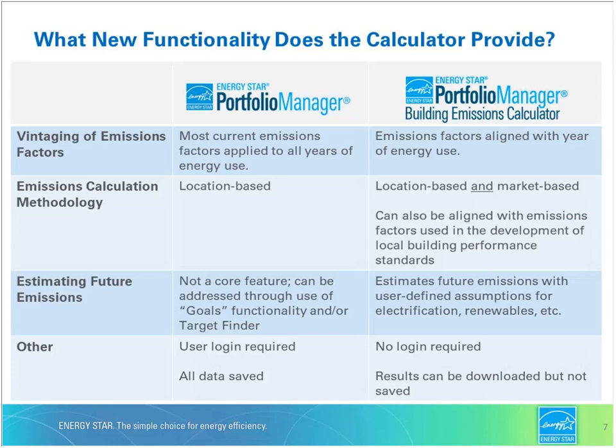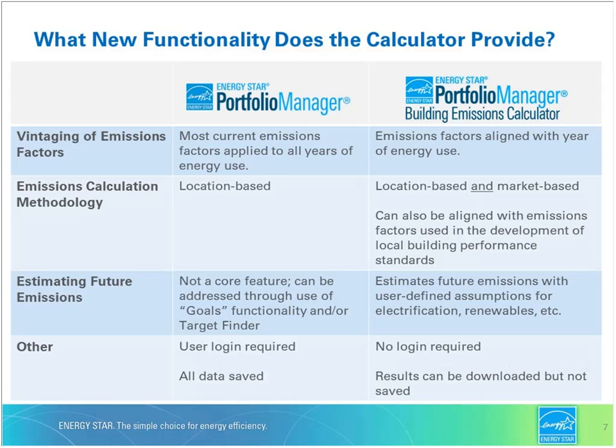As we just noted on the prior slide, in terms of how the building emissions calculator calculates your indirect emissions, Portfolio Manager is pretty much just location-based. The building emissions calculator allows for both location-based and market-based calculations, as well as an additional functionality specific to local jurisdictions, which we'll talk about in a little while.